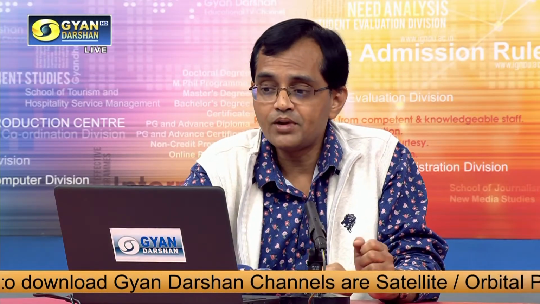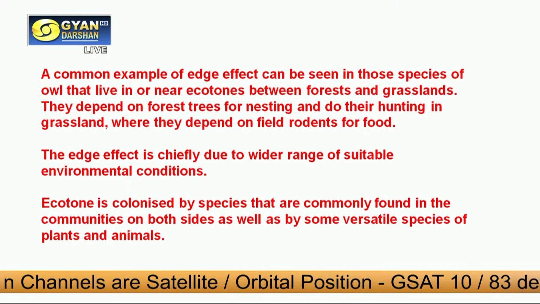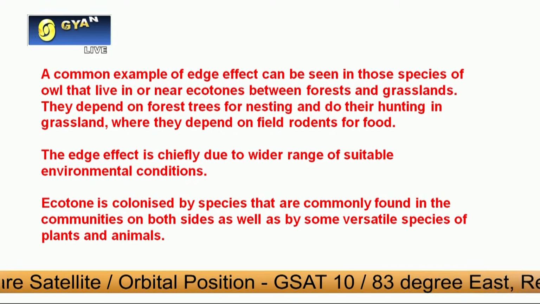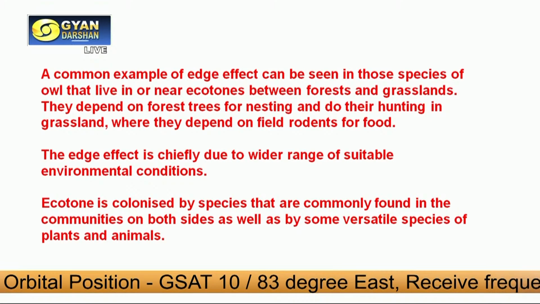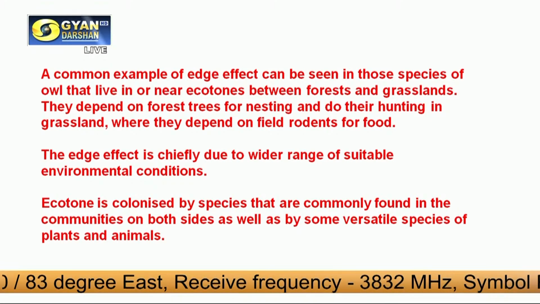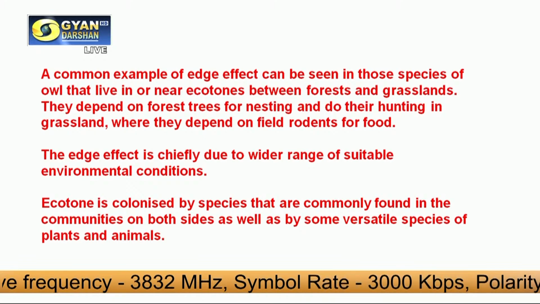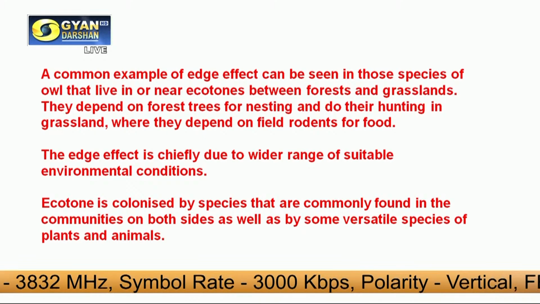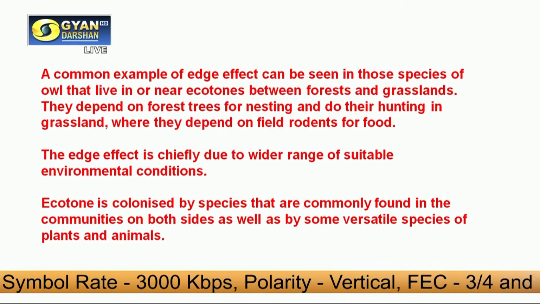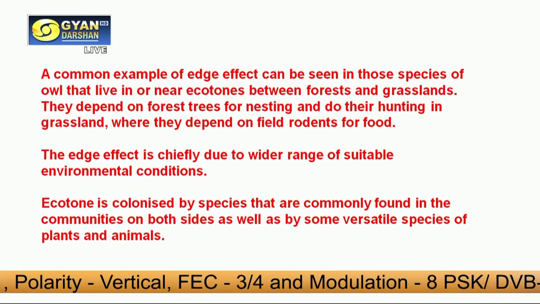A common example of edge effect can be seen in those species of owl that live in or near ecotones between forest and grasslands. They depend on forest trees for nesting and do their hunting in grassland, where they depend on field rodents for food. The edge effect is chiefly due to wider range of suitable environmental conditions.